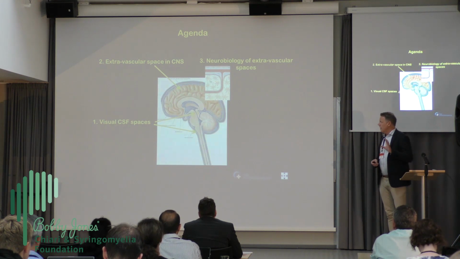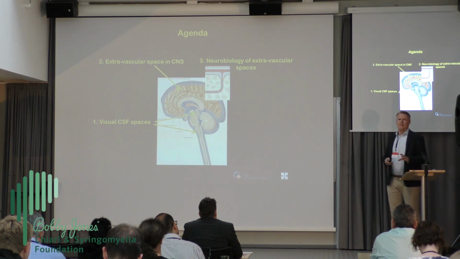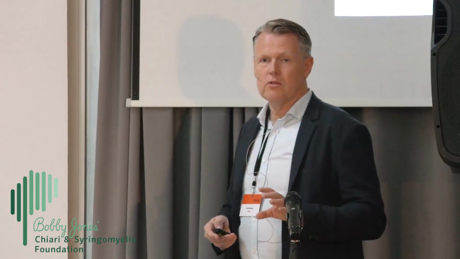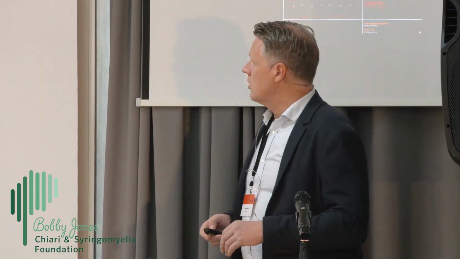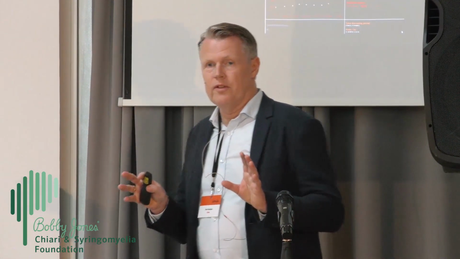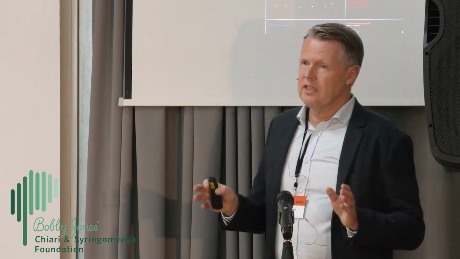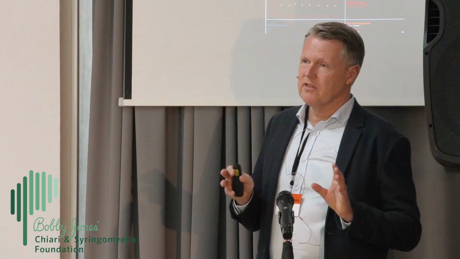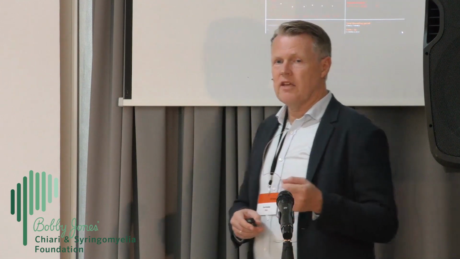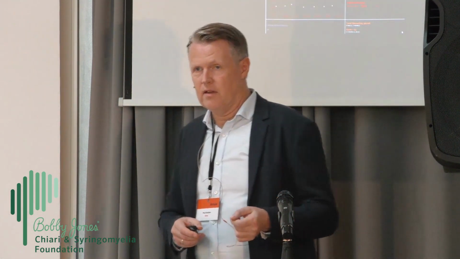So I thought we start with the clinical aspect, and in this talk we look at idiopathic normal pressure hydrocephalus. This disease is quite interesting from several aspects because it is a neurodegenerative disease, and it has several similarities with Alzheimer's disease.